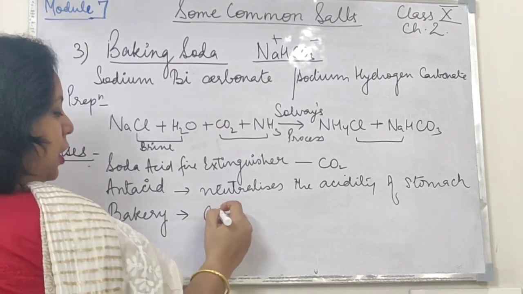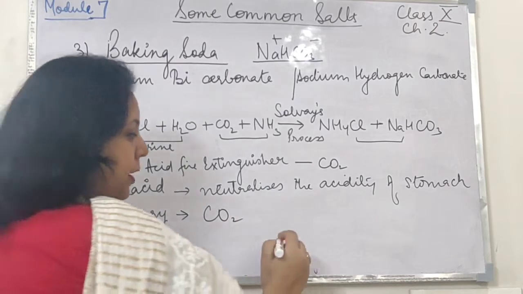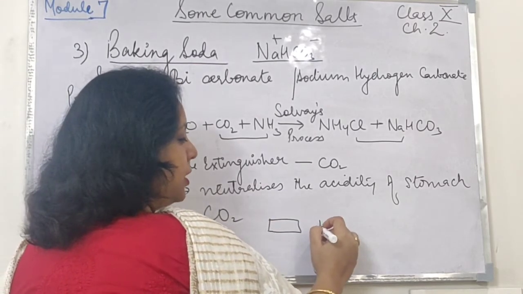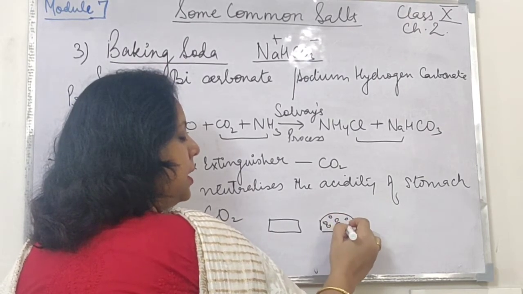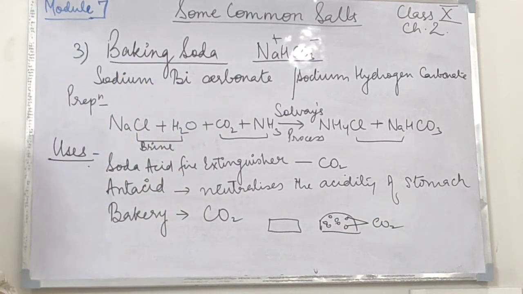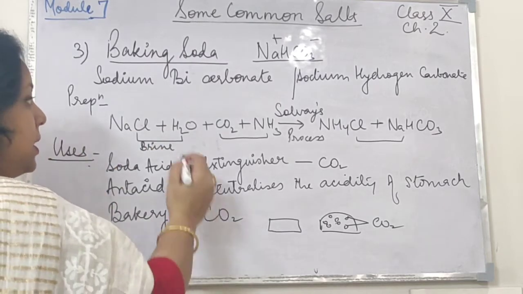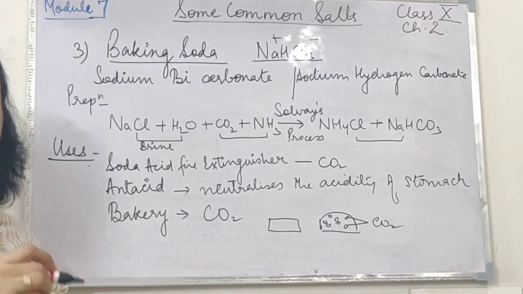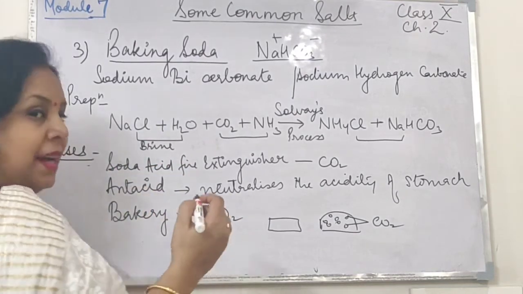It releases CO2 again, which makes the dough rise. Suppose the dough is this, and with the baking soda after some time it rises because of the carbon dioxide evolution. Now this carbon dioxide is evolved because of the reaction of this baking soda when it is used either with water or with any edible acid.